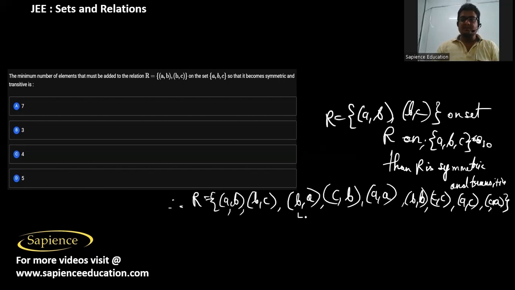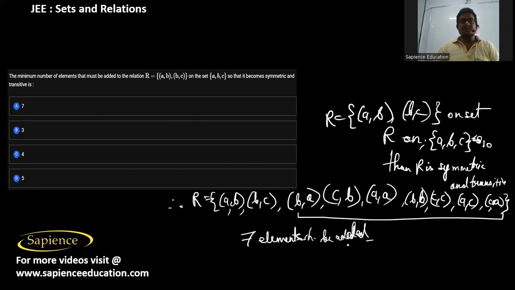So it means 4 plus 3, 7 elements should be added to the relation R. So option A is the correct answer.